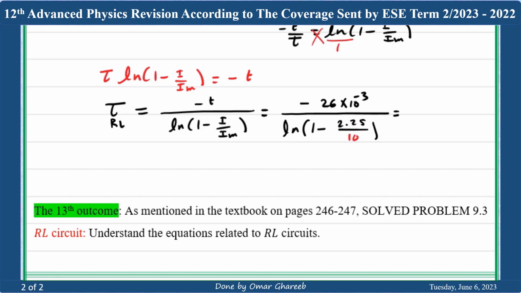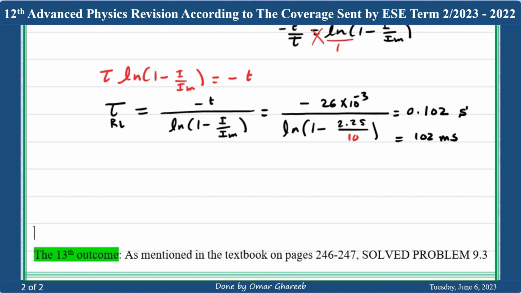Do the calculation. The answer will be 102, and the unit is second, or 102 millisecond. That's it.